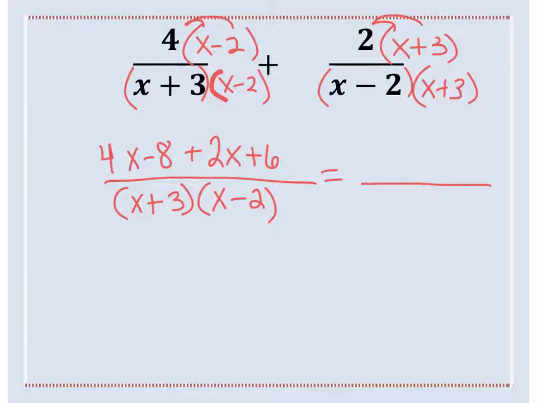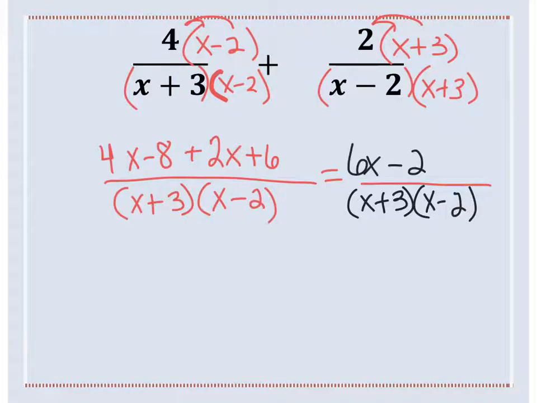On my numerator, I have a 4x, and I have 2x. 4x plus 2x is 6x. Then I have negative 8 plus 6. Negative 8 plus 6 is negative 2. And my denominator is still x plus 3, x minus 2.